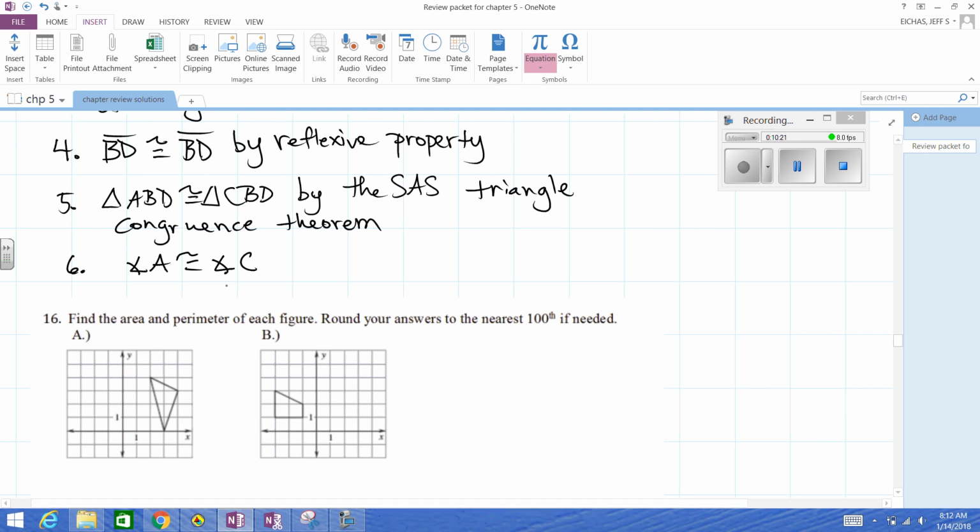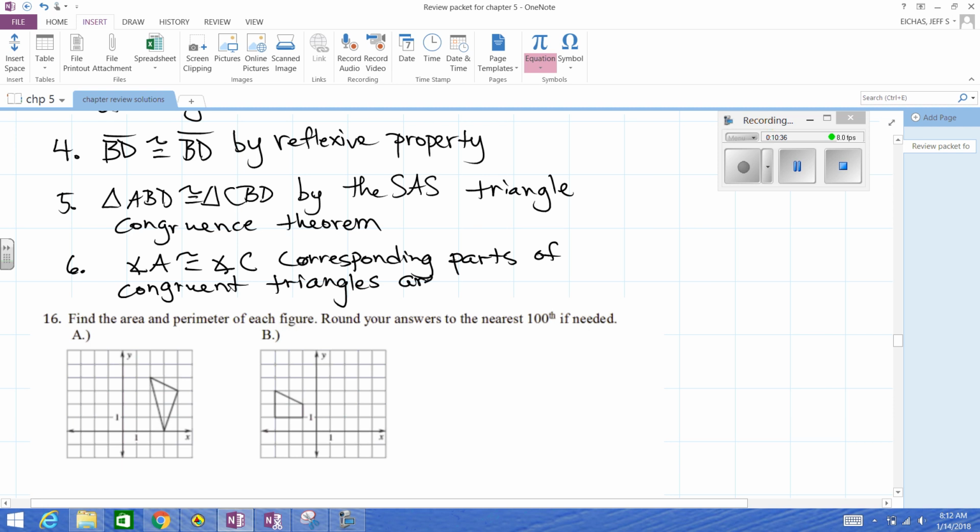I'm going to say corresponding parts of congruent triangles are congruent. Right? They're the corresponding parts. Corresponding angles are A and C of those congruent triangles up in 5. All right, very good. That'll be it for this video, and pick up on the next one.